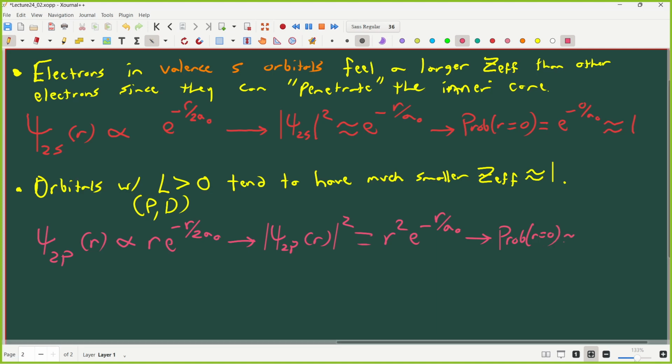That's approximately 0 squared e to the minus 0, which is 0. Electrons in s orbitals have probability to be near the core, but electrons in higher angular momentum orbitals, p's and d's, have no probability of being in the center because that angular momentum is pushing them away from the core. So electrons in the p and d orbitals tend to be very effectively shielded by the deeper core electrons, and they are basically hydrogenic. They see a core that only has a charge of effectively +1.